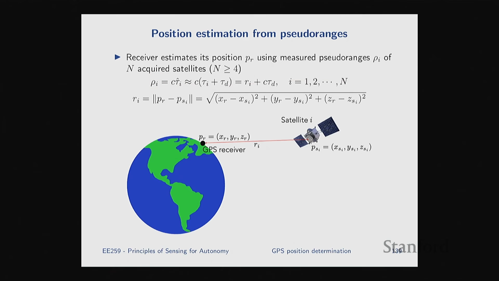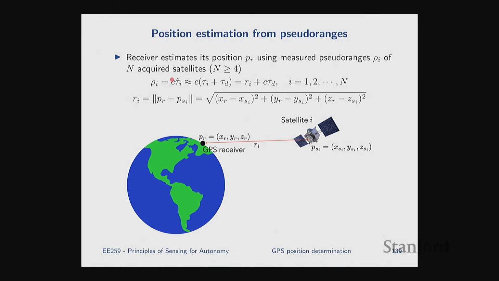And just to be more concrete, what is R_i? R_i is the distance from the receiver at point PR to the i-th satellite at point PS_i. So it's the norm of PR minus PS_i, which is equal to the square root of (XR minus XS_i) squared plus (YR minus YS_i) squared plus (ZR minus ZS_i) squared. So this is just pure geometry here.